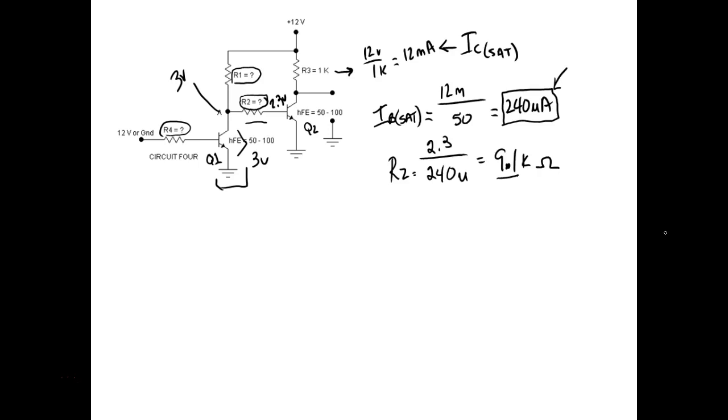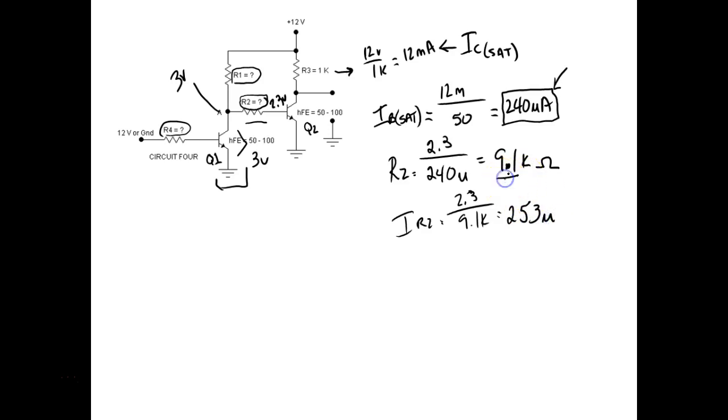But what's happening is we didn't use that, so we used a 9.1K. So IR2, I'm sorry, IR2 is still got to drop 2.3 volts, but it's going to drop it at 9.1K. So that comes up to be 253 microamps.